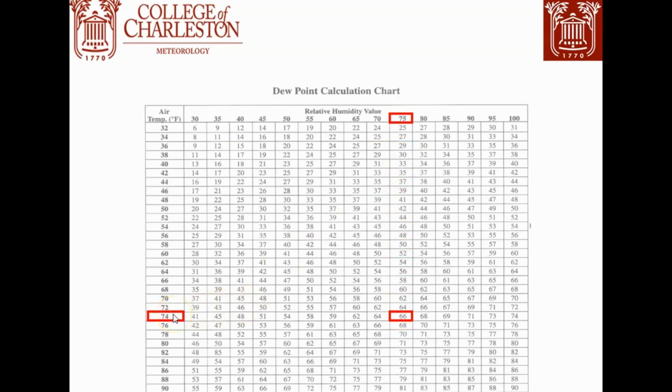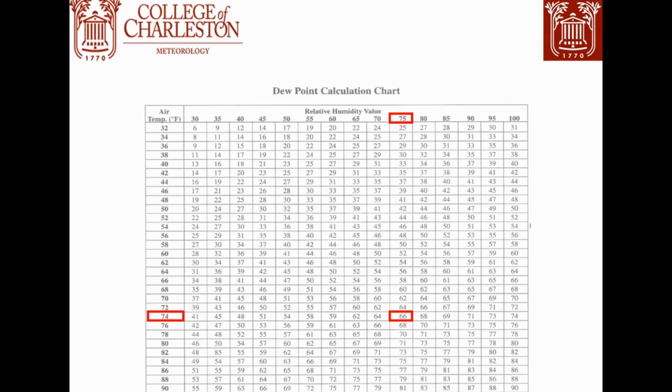But if I were to increase the temperature to say 84 degrees Fahrenheit, in order for me to have the same exact relative humidity, I would need to have a wet bulb temperature of 75 degrees. So the point is, in order for you to get the same relative humidity, as you increase the temperature, the moisture content must grow with it to keep the relative humidity the same.